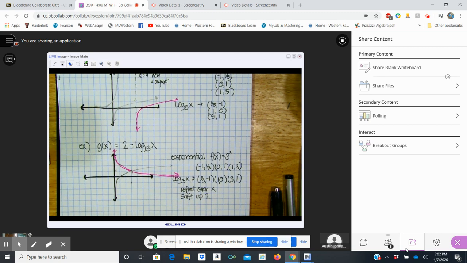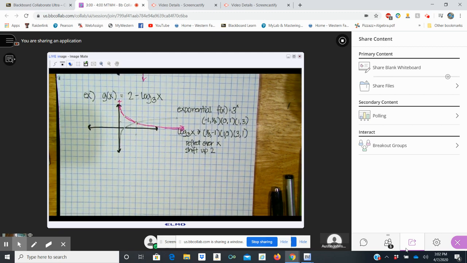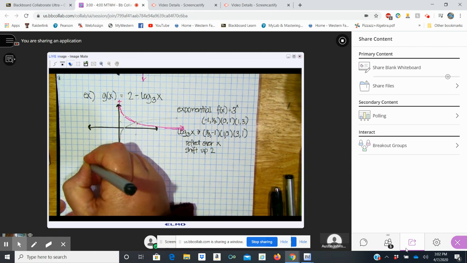We graphed some transformations, we did some of the properties, but we haven't talked about finding the domain.